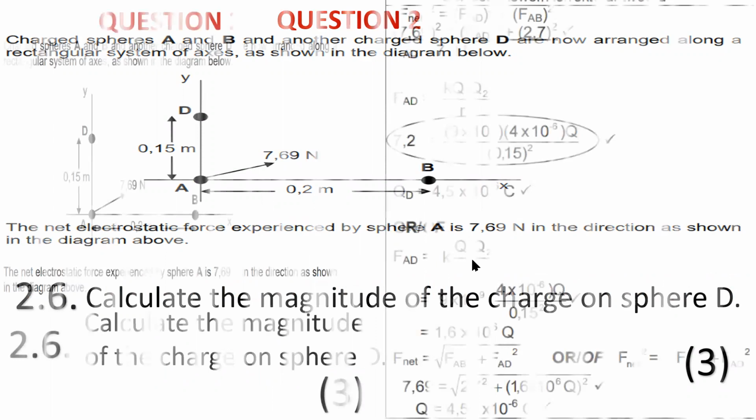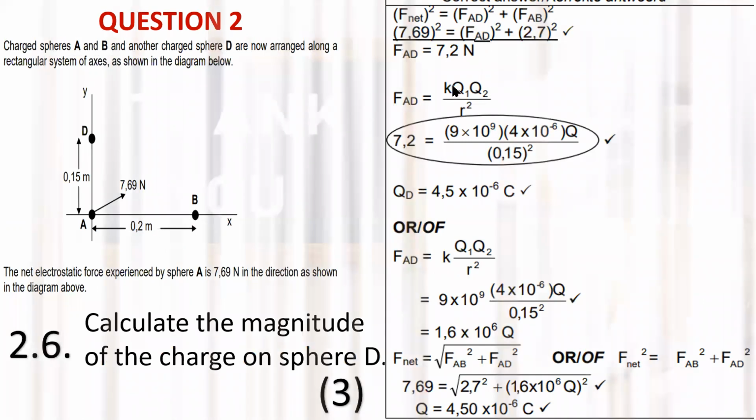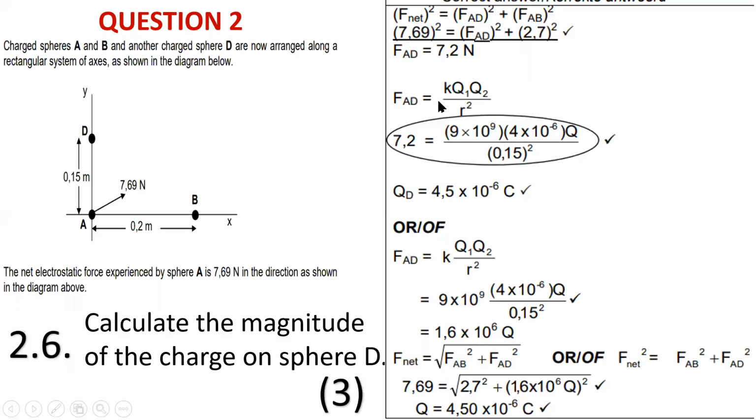So let's see our solution now. First of all, you can say F net squared is equal to FAD squared plus FAB squared. So you can just write like that. After that, FAD, you can write it here. And when you calculate FAD, we know already, you can just write 7.2 from this calculation, because from the vector you know already.